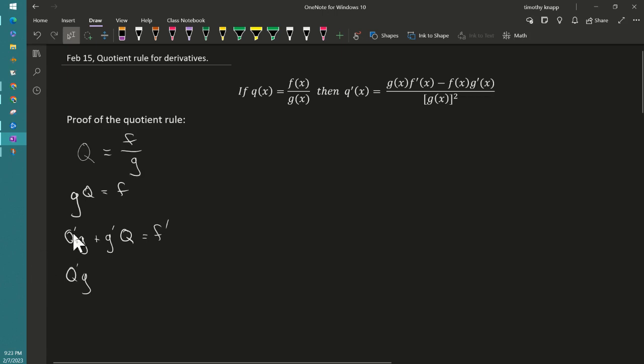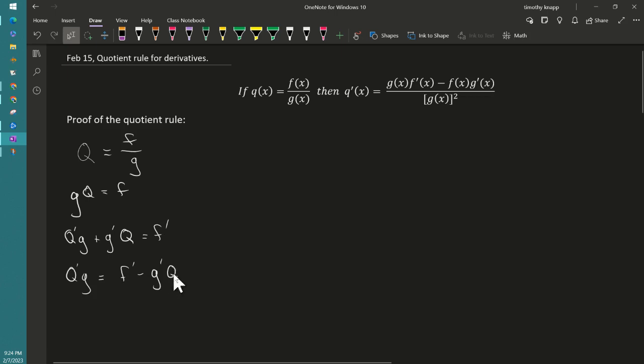Here I have the derivative of q, but now I just have to isolate it. So I'm going to subtract over. So this is equal to f prime minus g prime q.